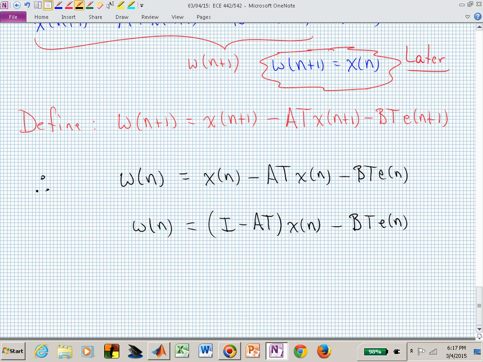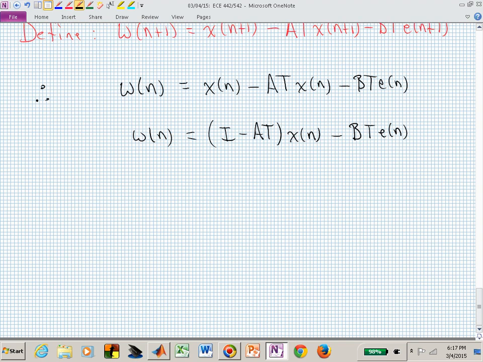Sure. Let me isolate x of n by itself, and I'm going to do that by pre-multiplying on the left every term by the inverse of what's multiplying x now. Meaning, I'm going to write that x of n is equal to I minus AT inverse w of n.